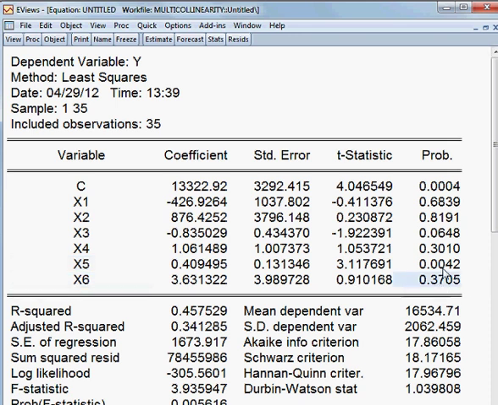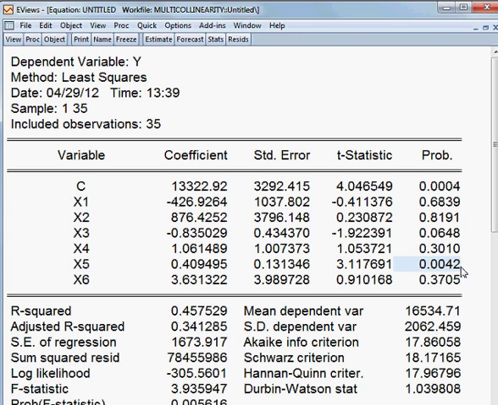So x5 is significant. What about x6? No, it is not significant because the p-value is 37.05%, which is more than 5%. Out of 6 variables, only one is significant, that is x5.